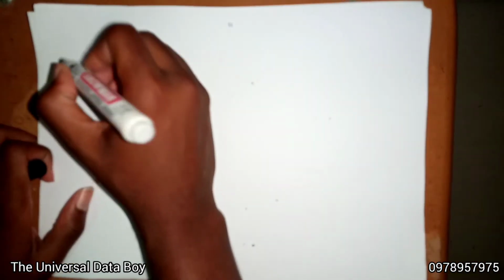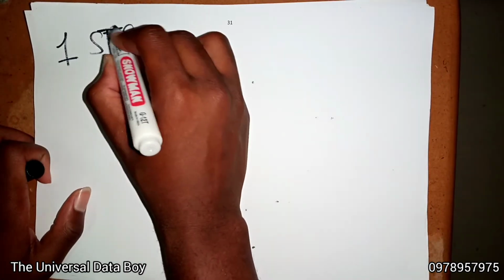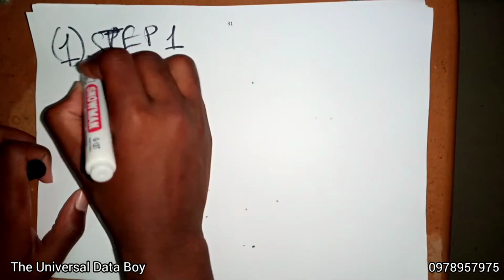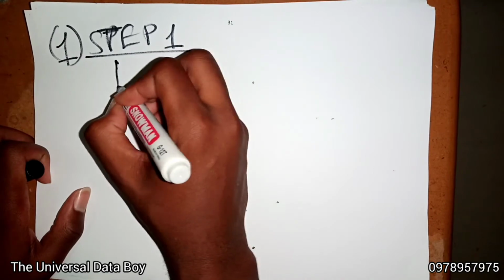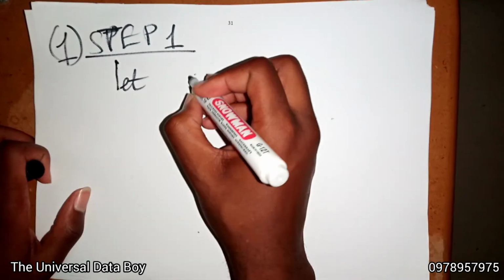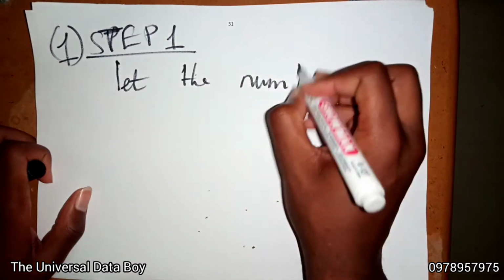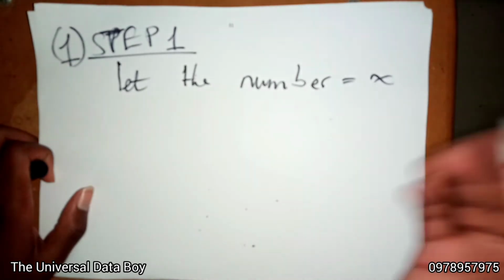So the first step, step 1, we are going to let x equal whatever number we're trying to express in the form of p over q. So let the number equal x, so that we can continue on with our expression.